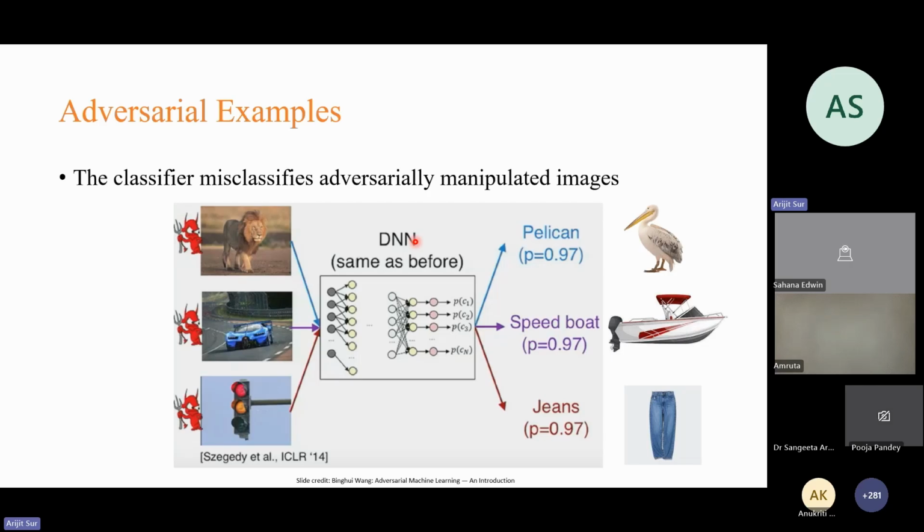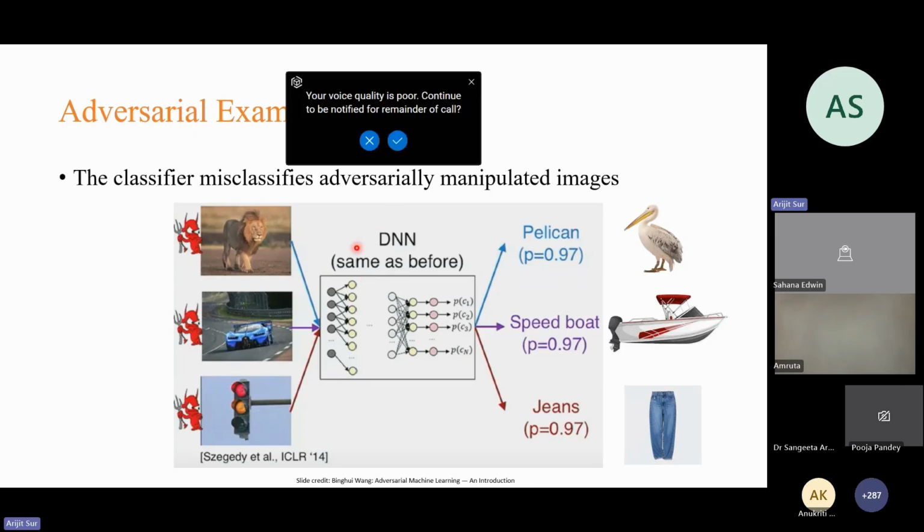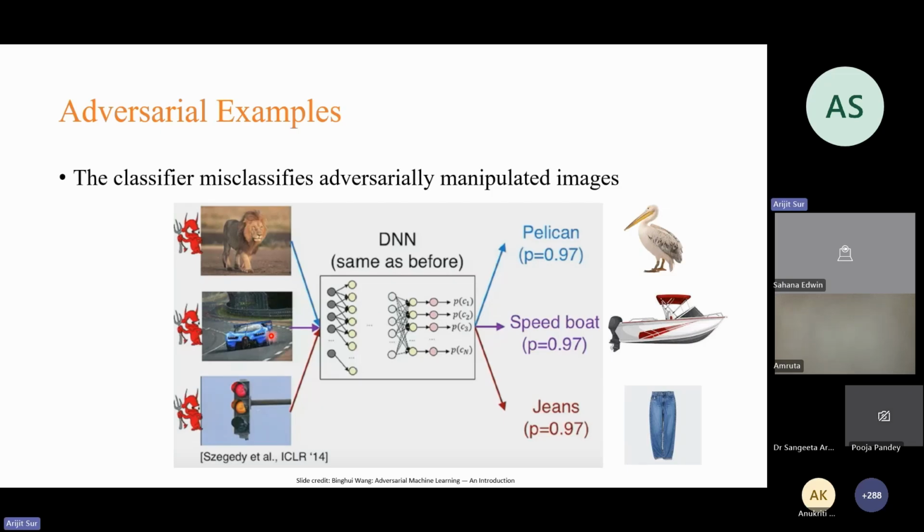So the classification is completely wrong. Similarly, this car is termed a speedboat, and this traffic signal is termed jeans, and with very high confidence scores they have been misclassified.